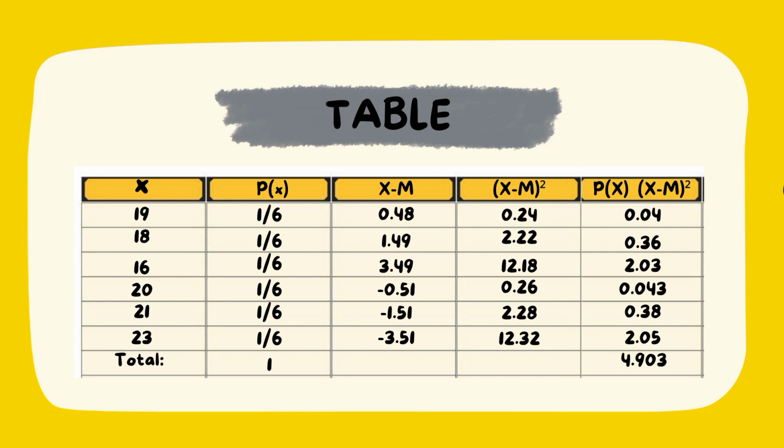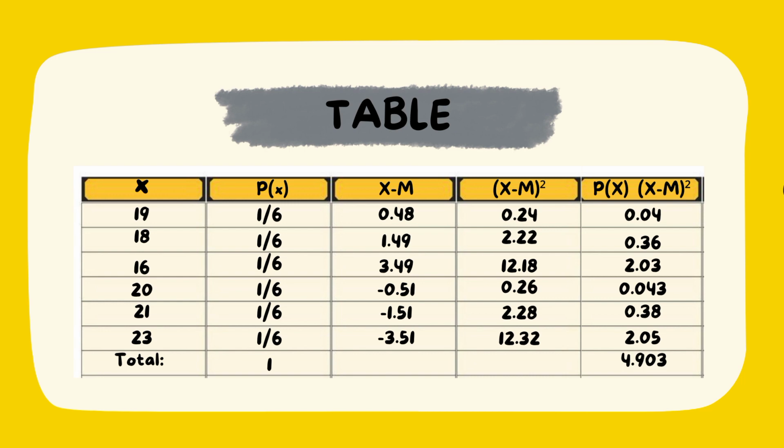Let's just subtract those values from 19.49. 19.49 minus 19, that is 0.49. 19.49 minus 18, that is 1.49. 19.49 minus 16, that is 3.49.